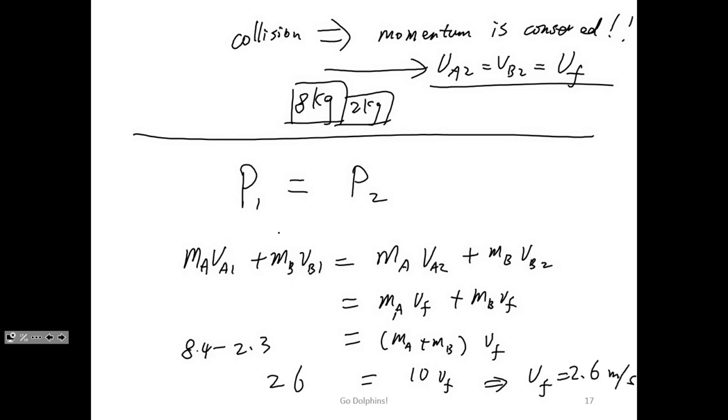That's the final velocity of A and B stuck together and moving together. Now I need to find the final kinetic energy of the system as before.